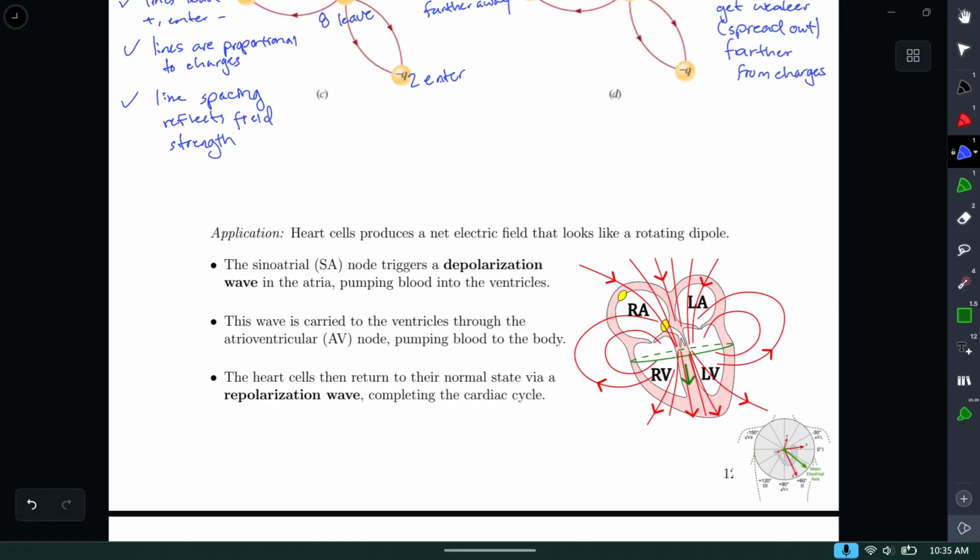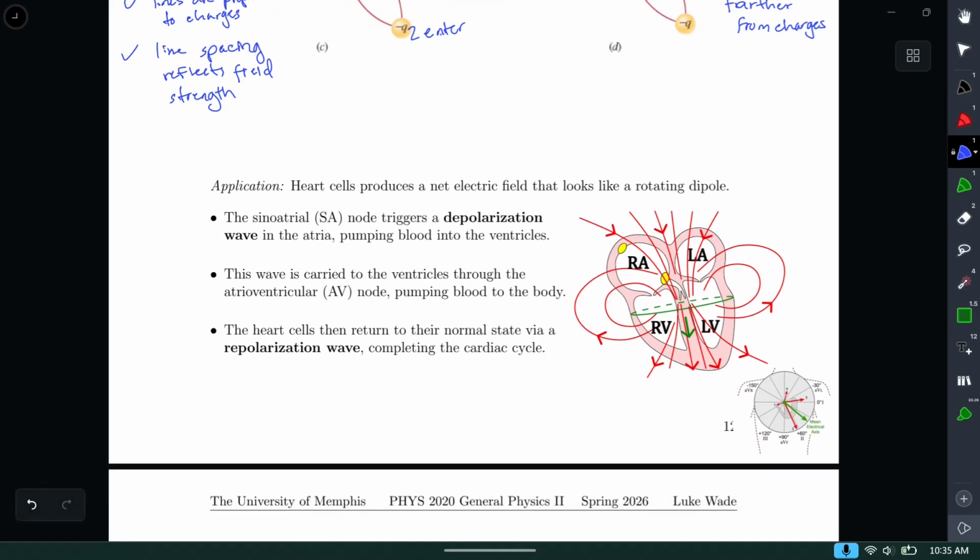Okay, we can come back to something I said at the beginning of the class about how without electricity, our hearts would not beat, and in fact, any muscle would not contract. It's a similar process for most muscles, but the heart has a few special things going on. The main thing it has that the other muscles don't have, it has a rhythmic contraction. It regularly contracts and expands.